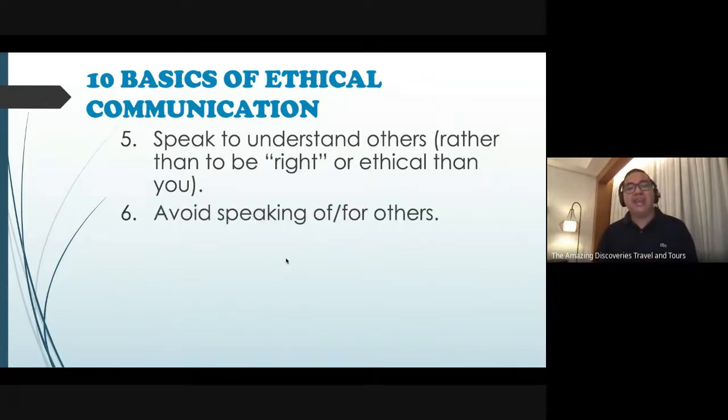And then avoid speaking of or for others. Avoid speaking of others. Hindi magpinanglibak. Do not say something that can hurt the feelings of other. Do not say something nga ma-degrade ang personality sang isa ka tawo, and do not say something also on behalf of others, especially if wala ikaw na consult or you were not authorized to do so.